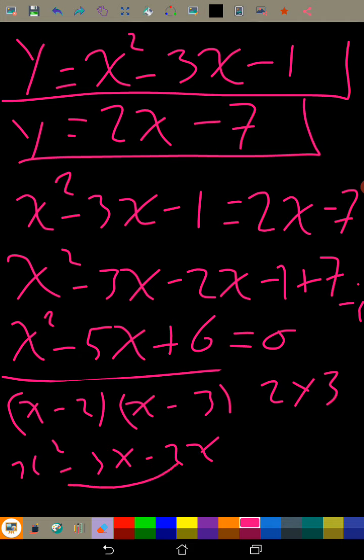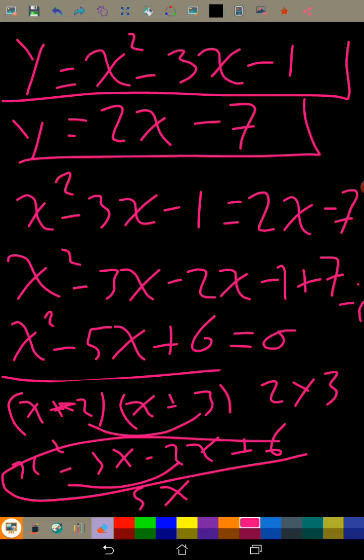So this will give us 5x. And when we multiply both, because they're both negative, they're going to be positive here. So therefore, minus 2 and minus 3, they do the job. So we have now found the points where the graph crosses each other.